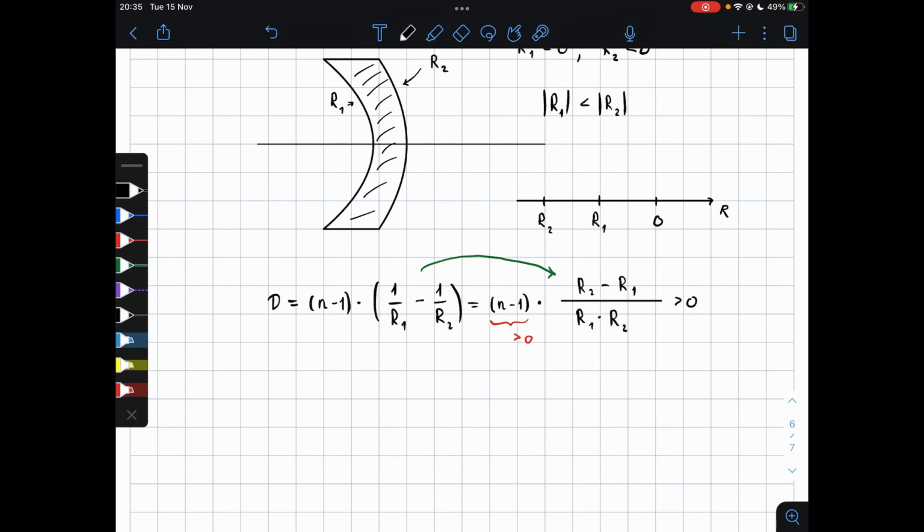Because, for example, let's say R2 is minus 4, R1 is minus 2, then R2 minus R1 is minus 4 minus minus 2, which is minus 2. So it's a negative number.